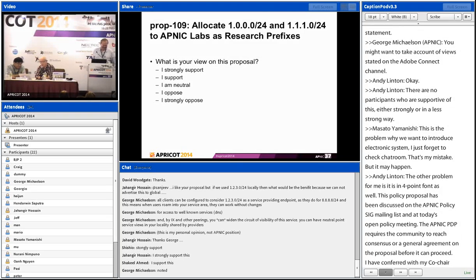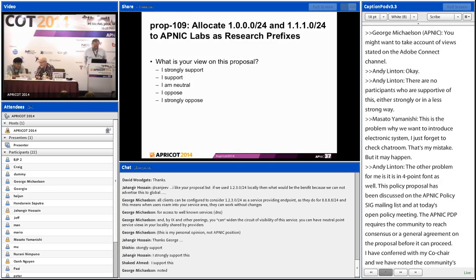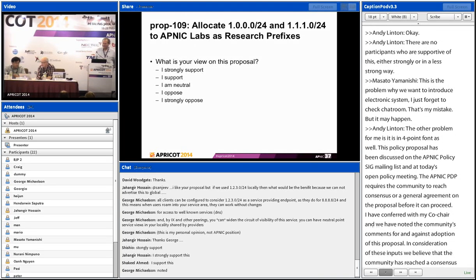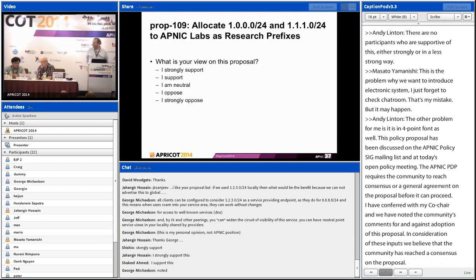On consideration of these inputs, we believe that the community has reached a consensus on the proposal. The next step in the PDP is to take this proposal to the AMM and seek a continued consensus there, and we'll do that. The proposal will be posted back to the mailing list for a 4-week comment period, and if required, that period will be extended up to 8 weeks.